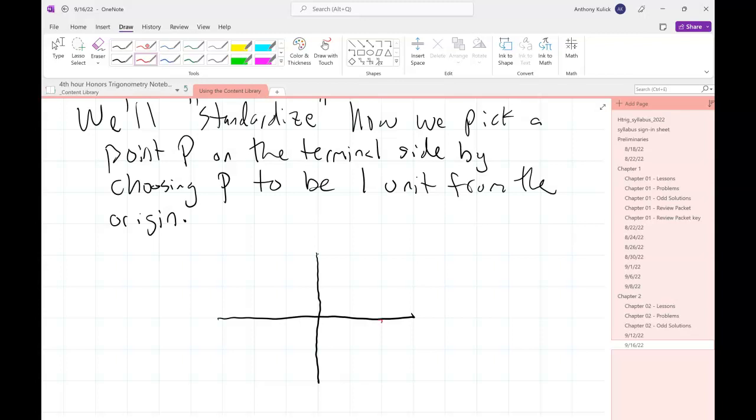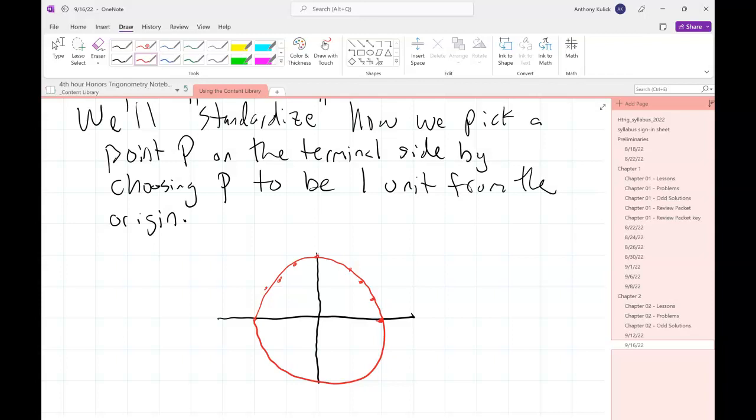A circle, right? So we're 1 unit away, 1 unit away, 1 unit away, 1 unit away. You're going to end up with, well, I'm trying to draw a circle. I'm handicapped by my own artistic abilities. It looks like an egg, I know.